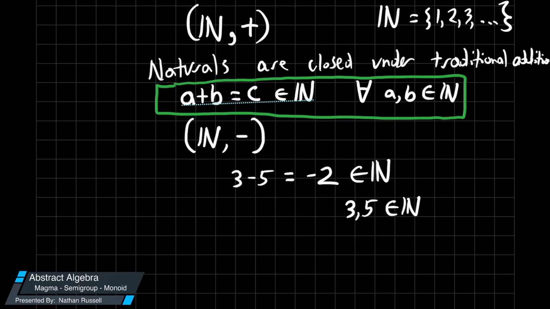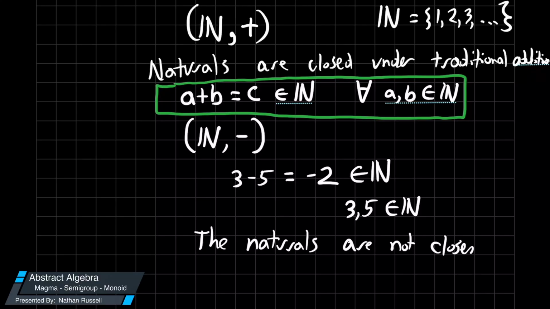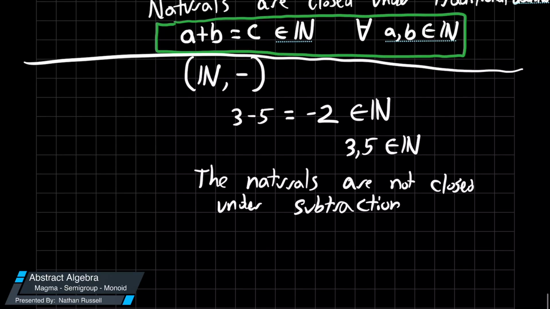And so what we must say is that the naturals are not closed under subtraction. The naturals are not closed under subtraction. Okay, so we got our first two really trivial examples under our belt, and now let's move on.